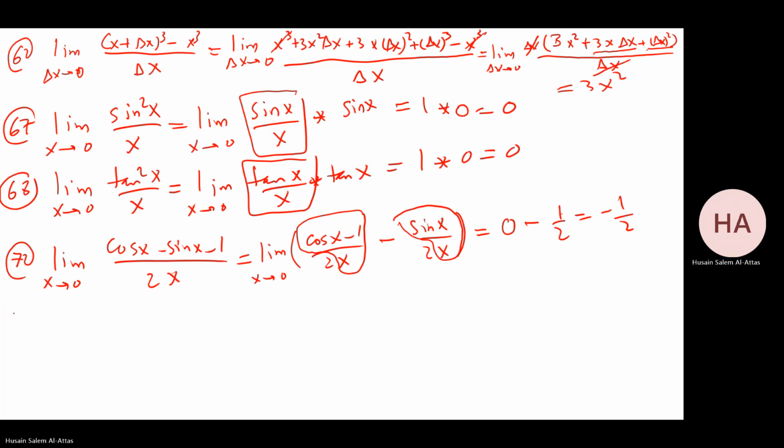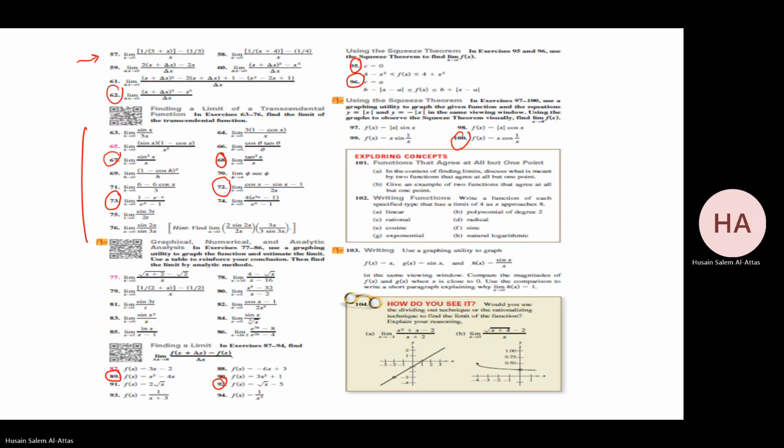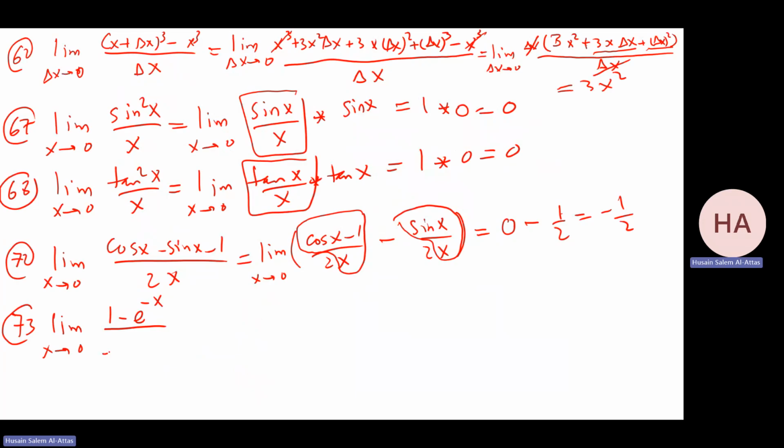73. Limit as x goes to 0 of 1 minus e to the minus x over e to the x minus 1. By the way, as I said before, everything here you have 0 over 0. All of these, if we substitute, you get 0 over 0. Same thing here: 1 minus 1, 0 over 1 minus 1, which is 0.